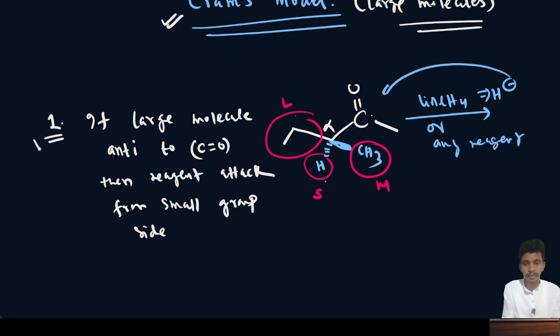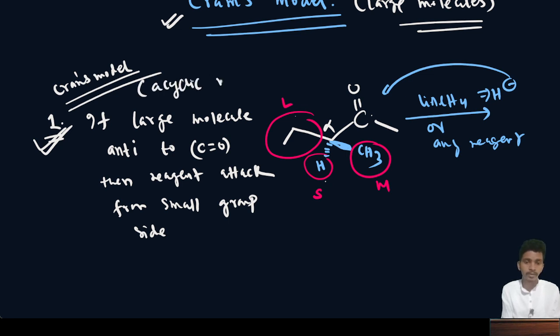This is what Cram's model says, and it applies to acyclic molecules. For acyclic molecules, if the large group is anti to the CO, then the upcoming reagent will attack from the small group side. This is Cram's model.